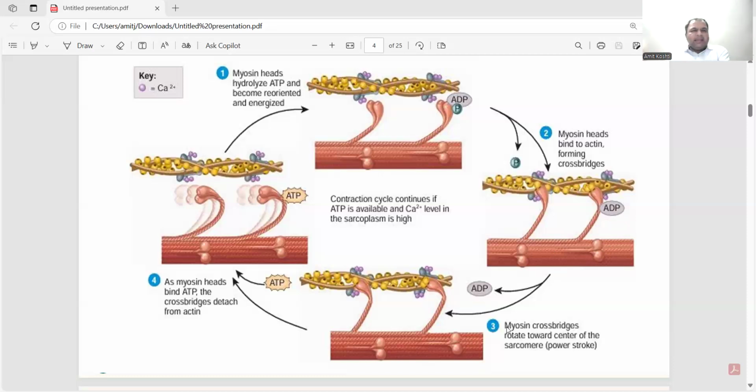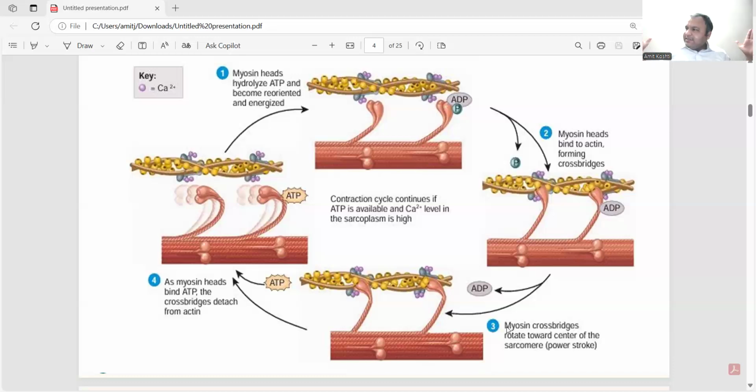This way, many such myosin molecules will carry out the pulling of the sliding filament toward the center, that is toward the M line. So what happens from both sides? Suppose you are doing an exercise in the gym and you're pulling a rope toward the center. That way, the actin molecules from both sides get pulled to the center.